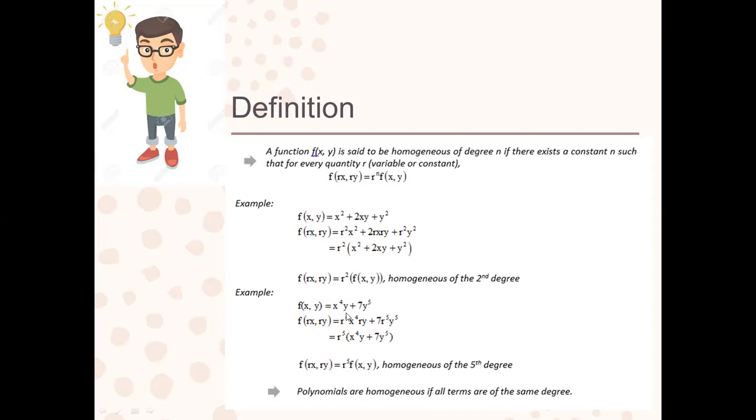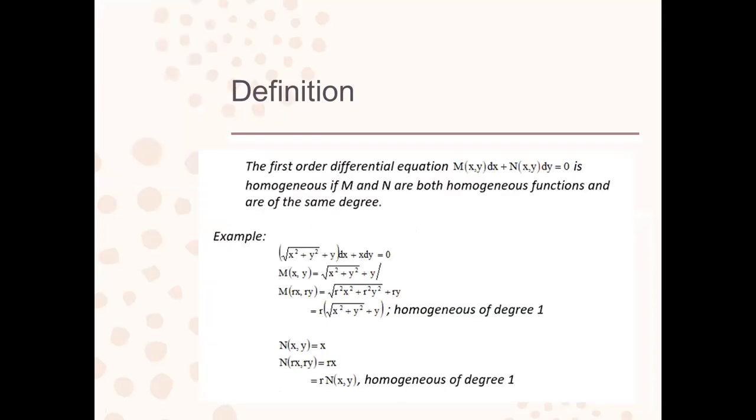Okay, if this is fifth degree and this one is fourth degree, the function is non-homogeneous. So they should have the same degree. So polynomials are homogeneous if all terms are of the same degree. So that's what we're going to check before we solve our first order differential equation, that is, if we want to test whether it's homogeneous or not. Okay.